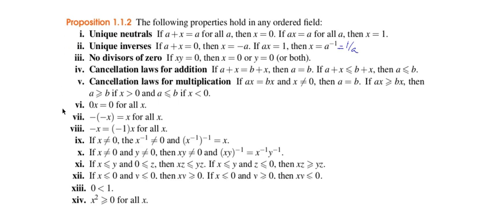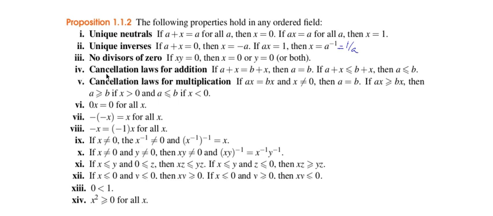So that's very important. That's why I'm spending a lot of time on this, so that you know where all of this comes from. Now 3, that there are no divisors of 0. So if x times y equals 0, then x has to be 0, or y has to be 0, or both of them have to be 0. There's no number that divides 0.